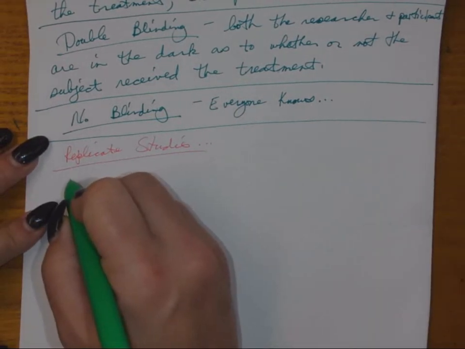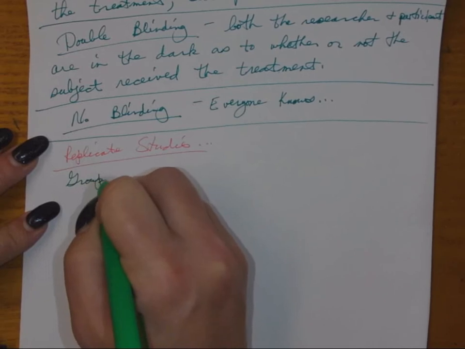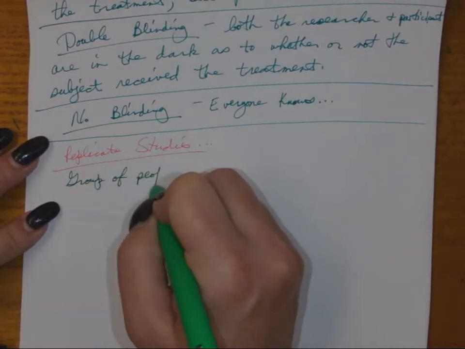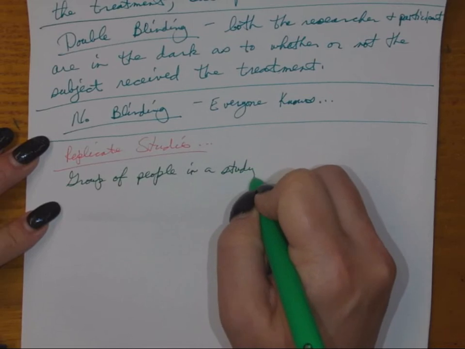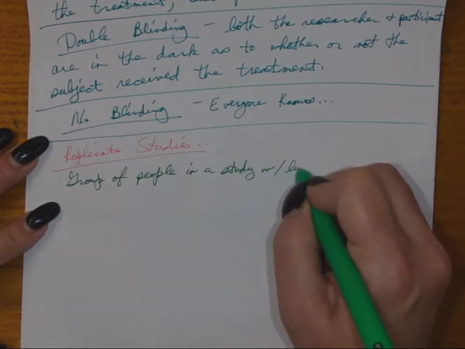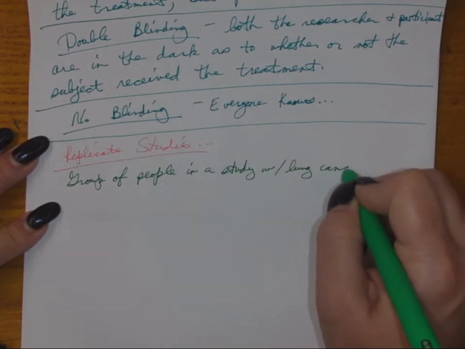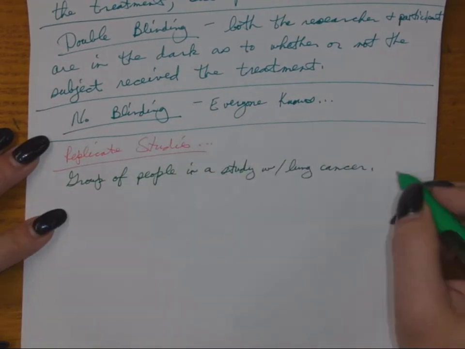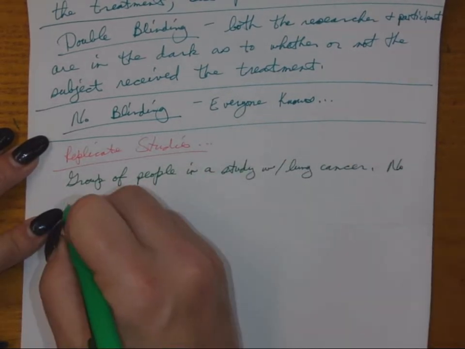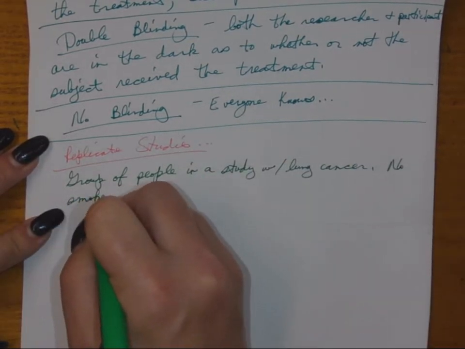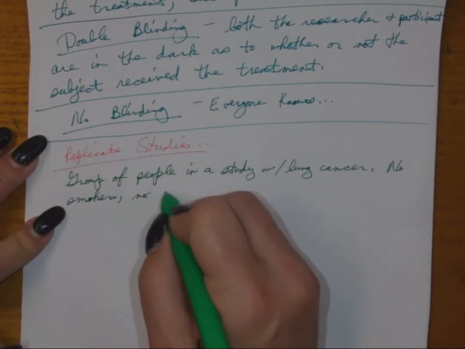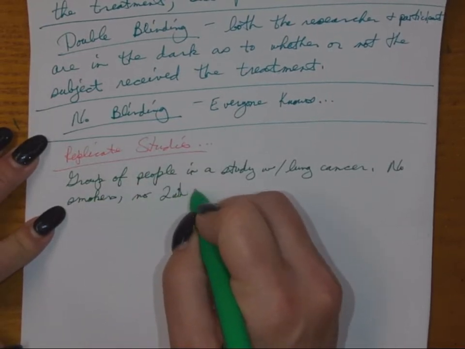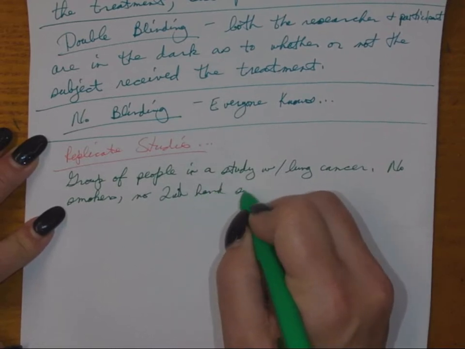So there was a group of people in a study with lung cancer. And this group had not smoked, and they hadn't been around smokers, so no secondhand smokers either.